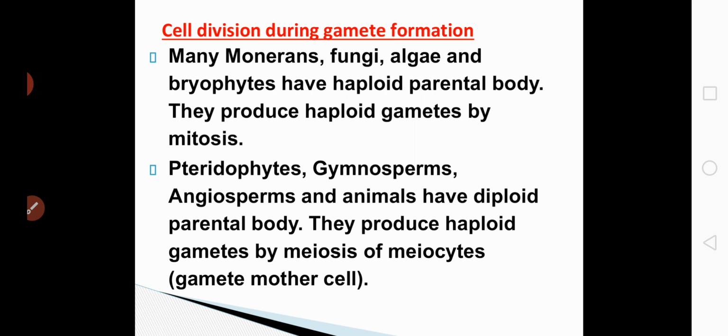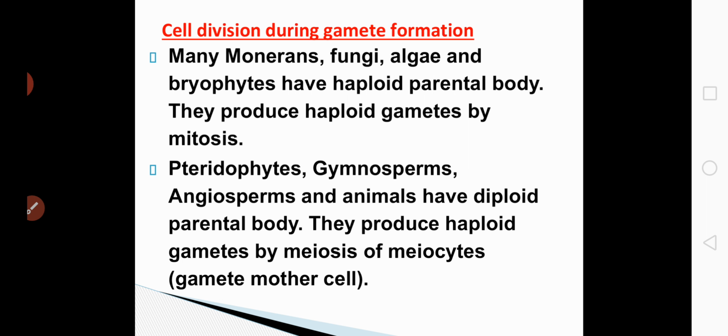Coming to the next point, cell division during gamete formation. Now, under pre-fertilization events, the main processes are gametogenesis and gamete transfer, right? So gametogenesis is nothing but the formation of male and female gametes. Now what happens?